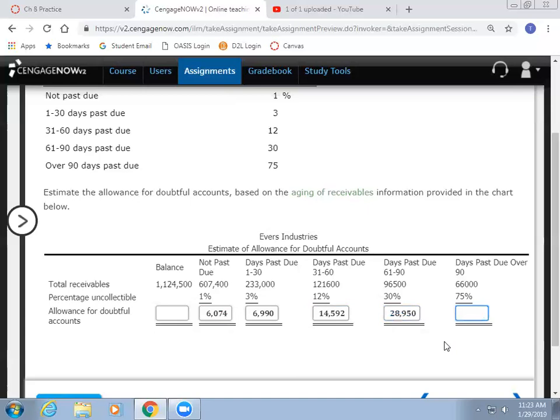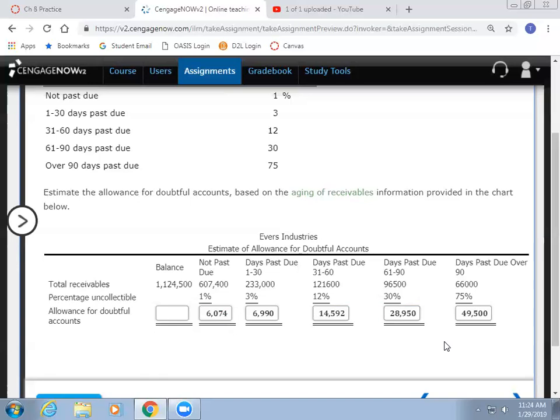And then over 90 days past due, we have 66,000. What's 75% of that? 49,500. Perfect. So this is a way, like I said, we call aging of receivables. And it's a good estimate, though it is still an estimate of how much of our current accounts receivable will be uncollectible.